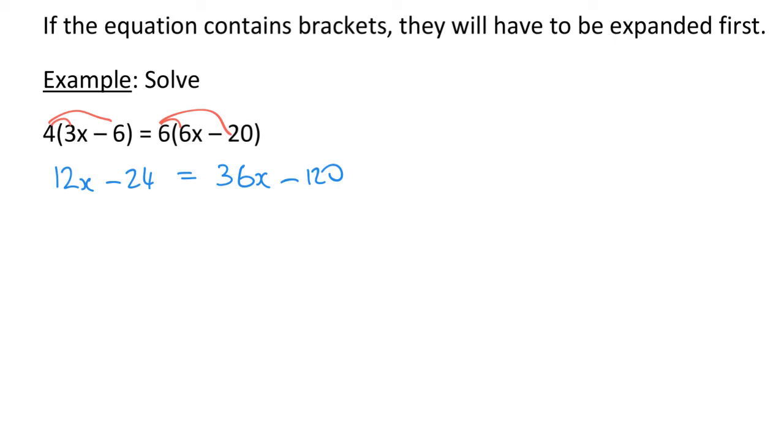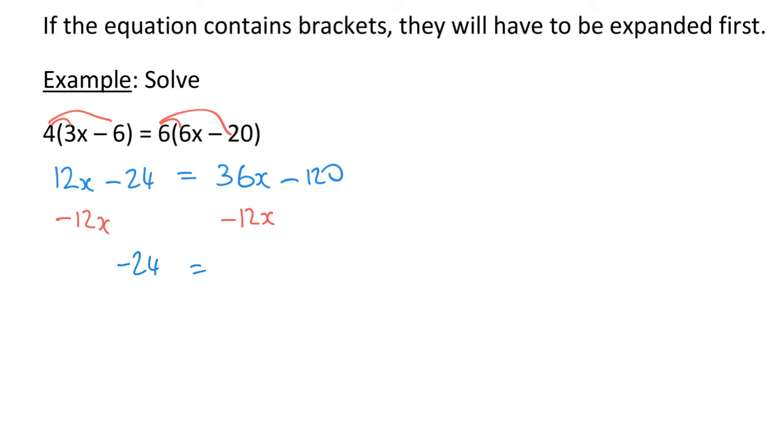So looking here, we can see that there are 12x's on the left and 36x on the right. 12x is the smallest, so we need to get rid of that. And to do that, we will take away 12x from both sides. Doing that, we'll leave minus 24 on the left.